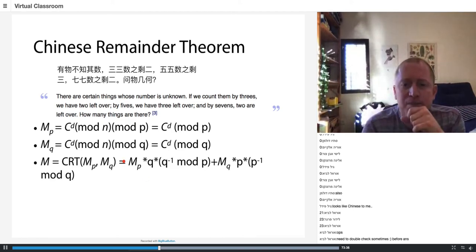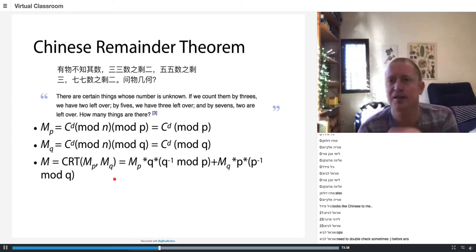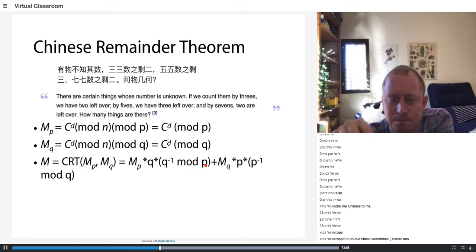So CRT of m sub p and m sub q is m sub p times q times this number, q minus 1 modulo p, plus m sub q times p times p minus 1 modulo q. So what is this number? Q minus 1 modulo p.